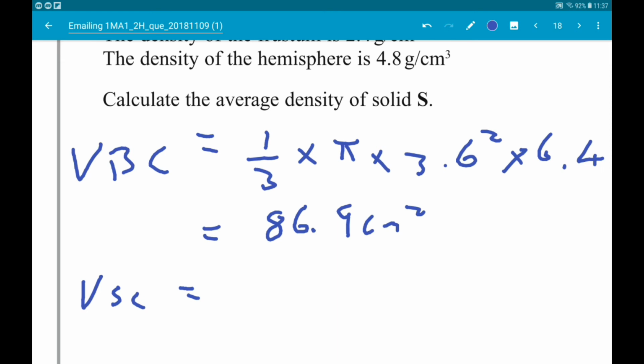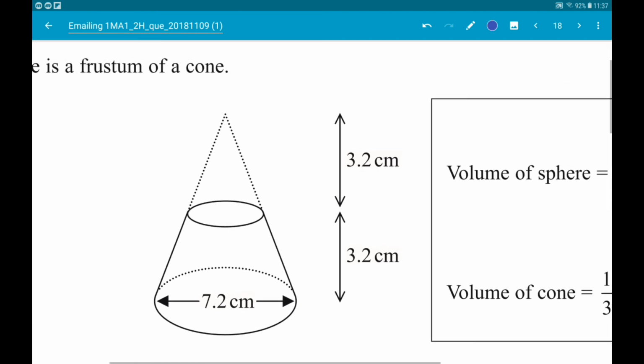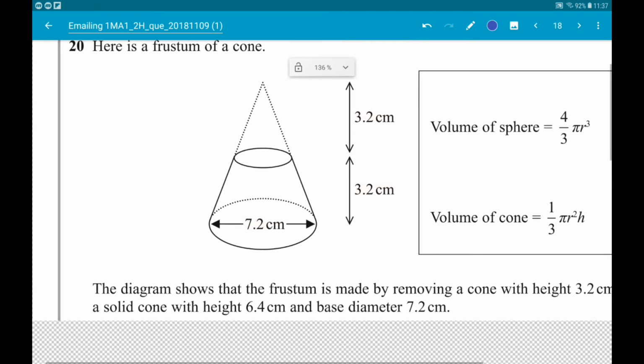So again it's going to be 1/3 times pi. What's the radius though? Well, because we're cutting this cone halfway up, the radius is going to be half of the big cone. So the radius is going to be 1.8.